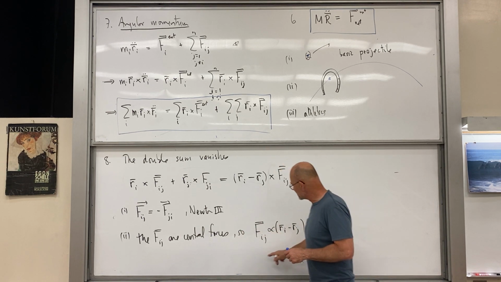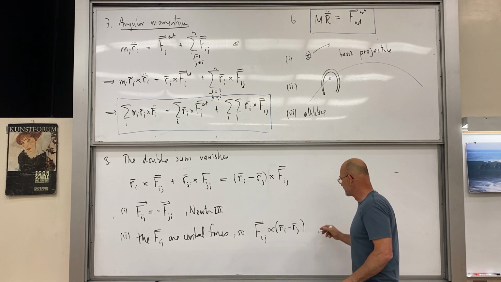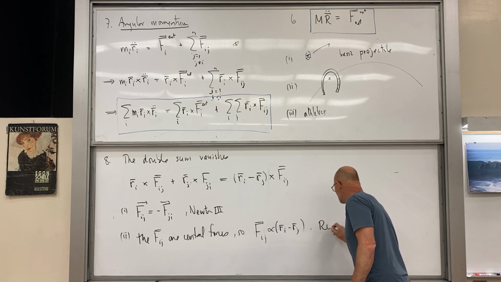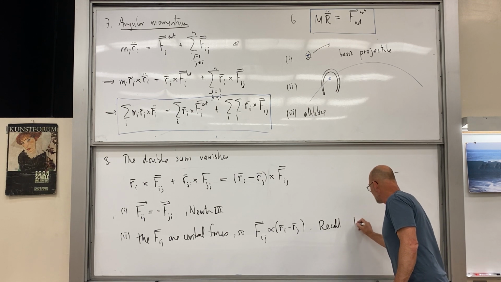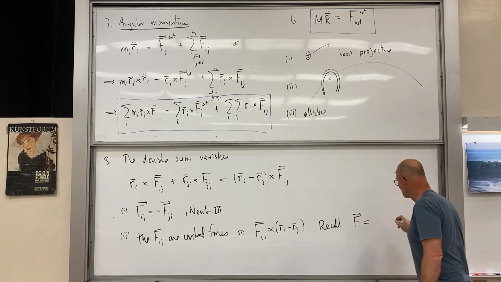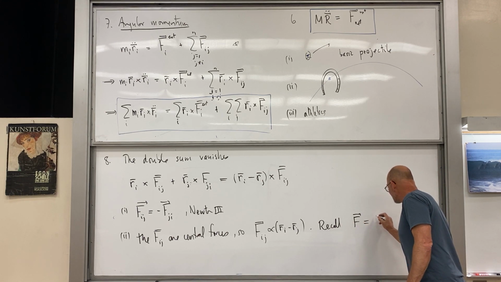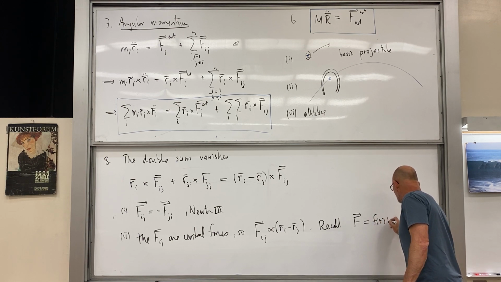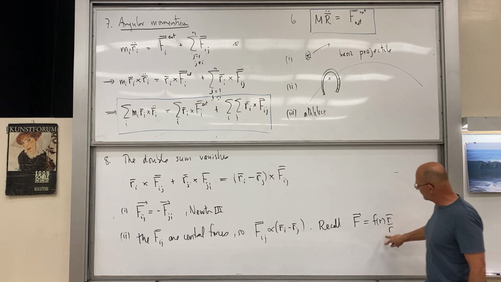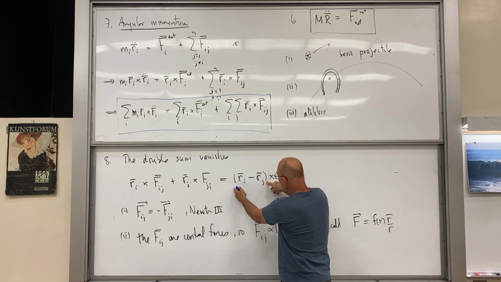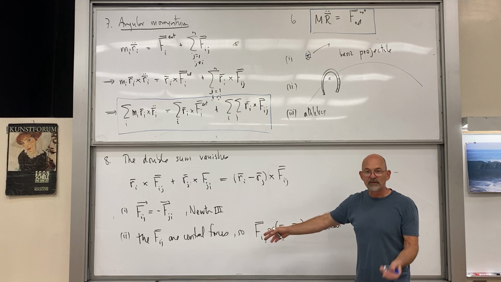So these are central forces, so we know that's the defining characteristic, right? Proportional to the vector joining them. Recall we had F equal to, in the central force one body problem, F of R times the unit vector R over R, right? So that unit vector R over R is just proportional, this vector divided by its magnitude.